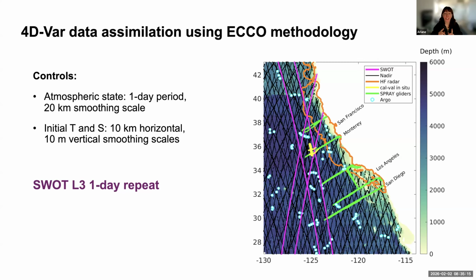Good question. First of all, the atmospheric state that I'm using is ERA5, which is an hourly product. However, the controls are a 1 day block. So yes, that is a limitation. This is our way of creating smooth controls because we don't want to overfit, right? This is why we're applying a spatial smoothing scale, and then we have this kind of temporal smoothing.